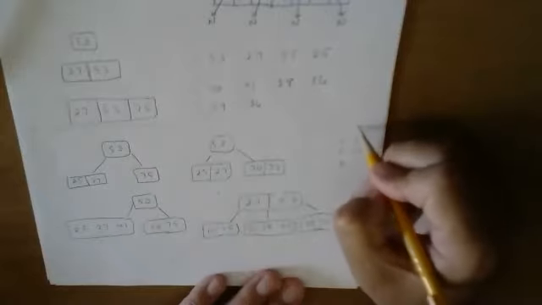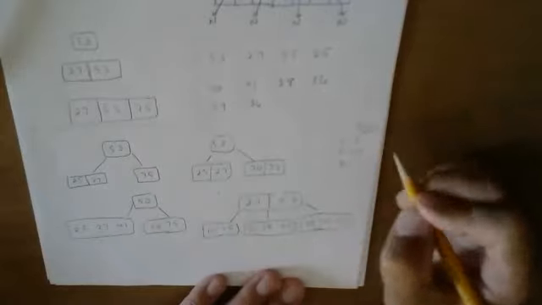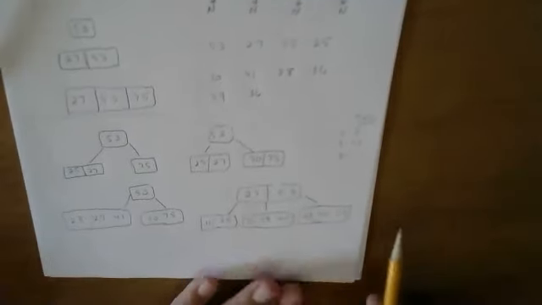Total of 12. Off of this guy, I could store 3, 3, 3, and 3, which is 12 more, which is 12 more, which is 12 more, which is 36. 36 plus 12.